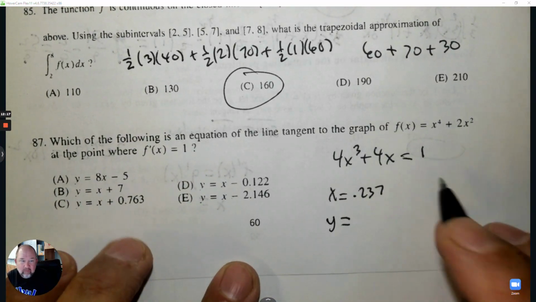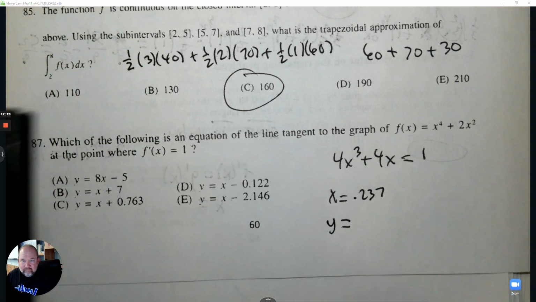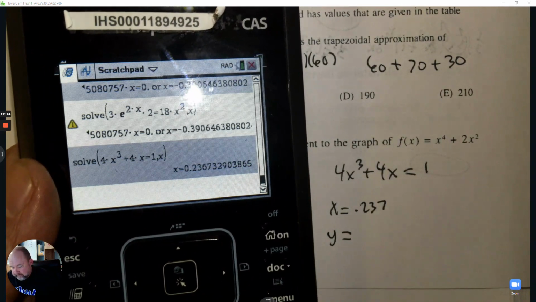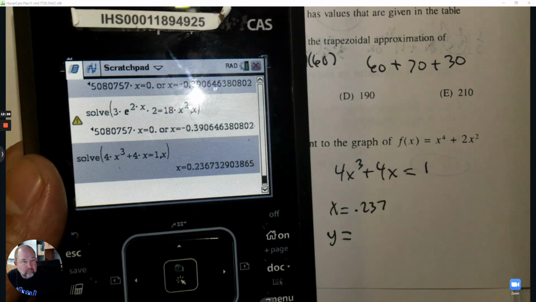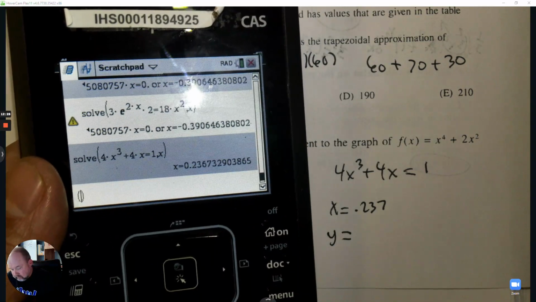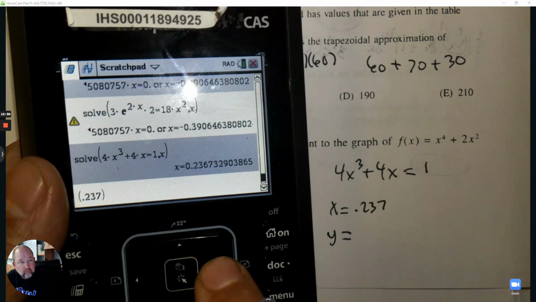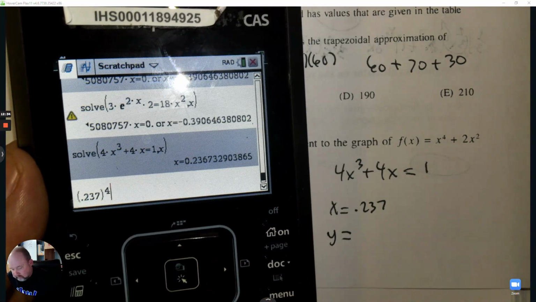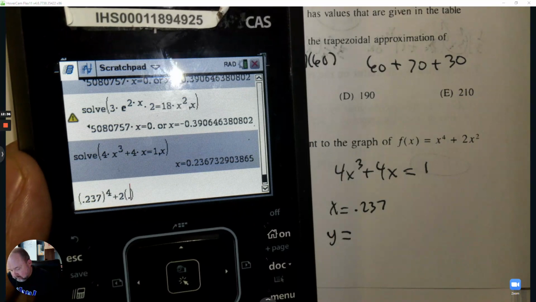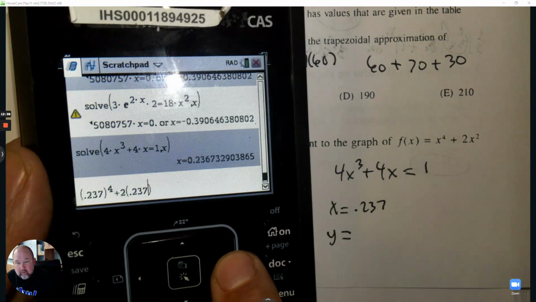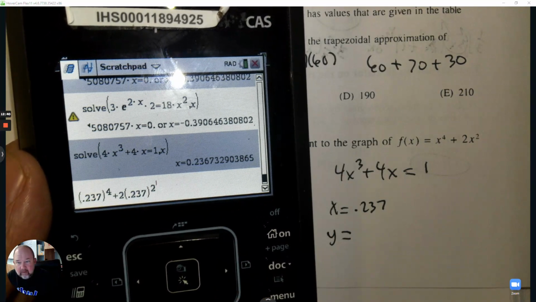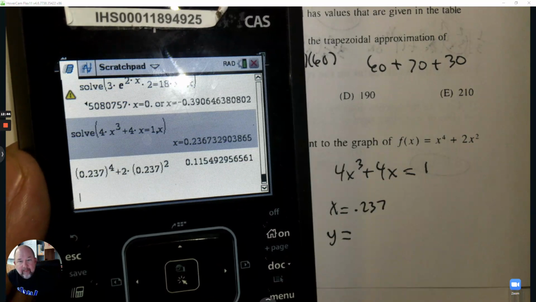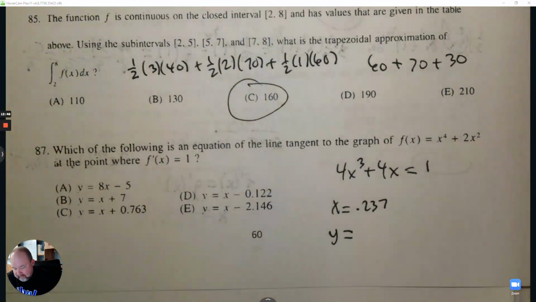So then I'm going to evaluate it at 0.237. Sure, I typed it in right. Okay, that's 0.115.